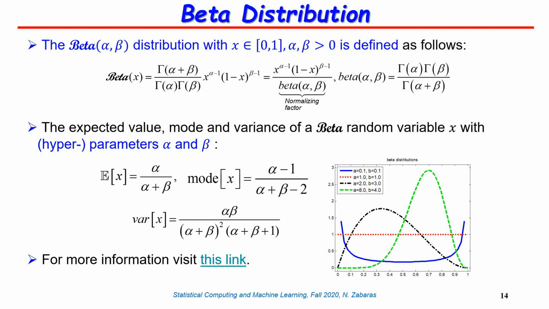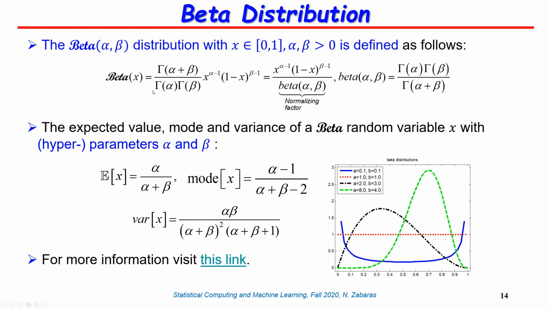Now, you notice in the definition of the beta distribution, the normalizing factors involve the gamma functions. And again, someone can say, I have not seen any of these things. Where do these gamma functions come from when you normalize this distribution?